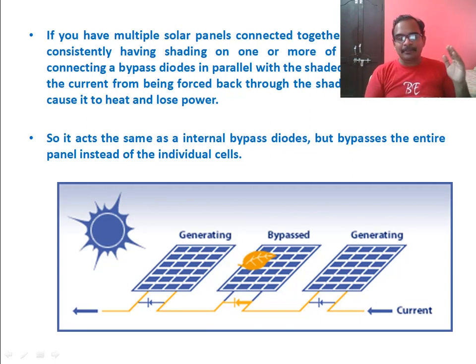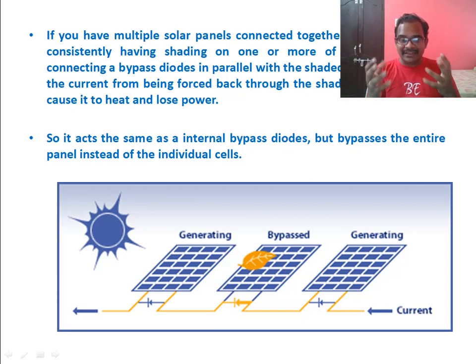That is, from the unshaded panels to the shaded panel. Again there will be hot spot formation. So to avoid that, we have to place bypass diodes in parallel with every module in an array. That is why there are 2 kinds of bypass diodes here. One is the internal bypass diodes, which are connected across the cells in a module. We don't need to do anything; the manufacturer of the panel itself will take care of it.